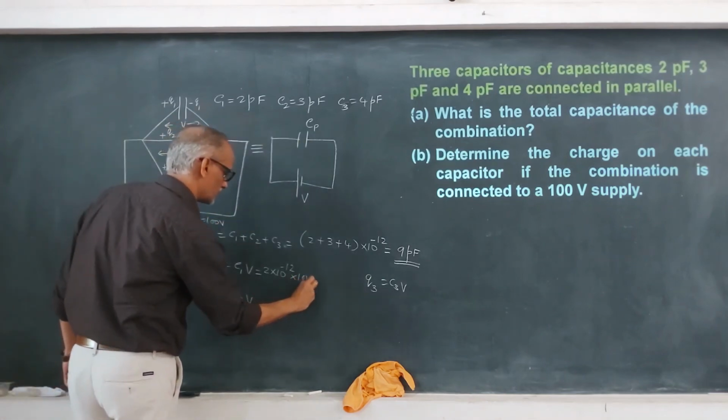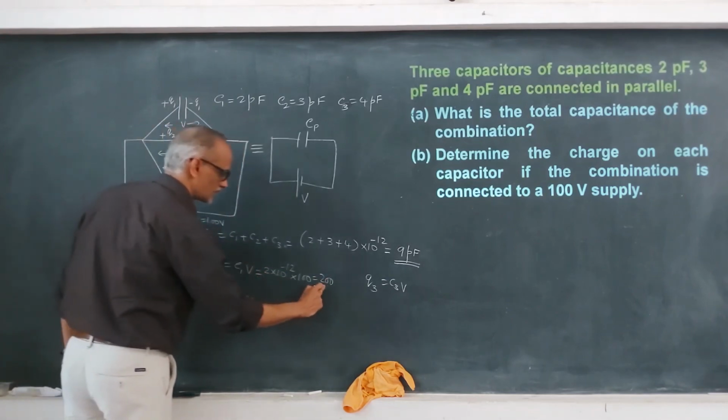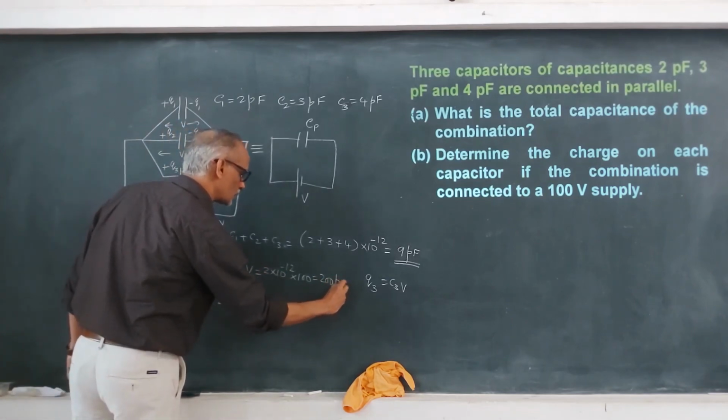So this is 200 into 10 to the power minus 12, which is 200 picocoulomb.